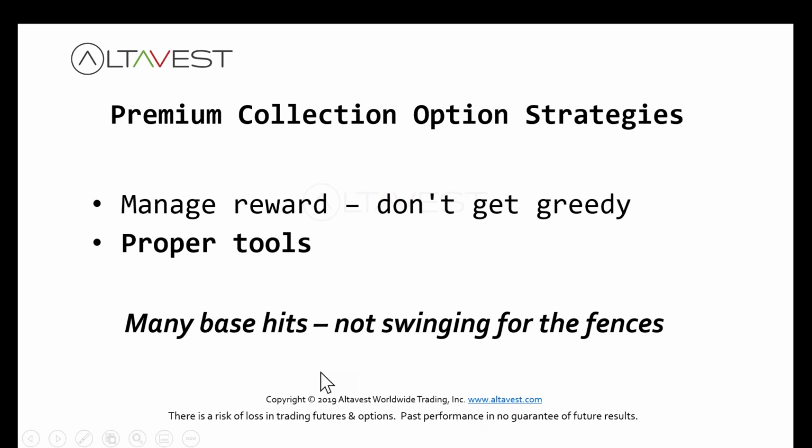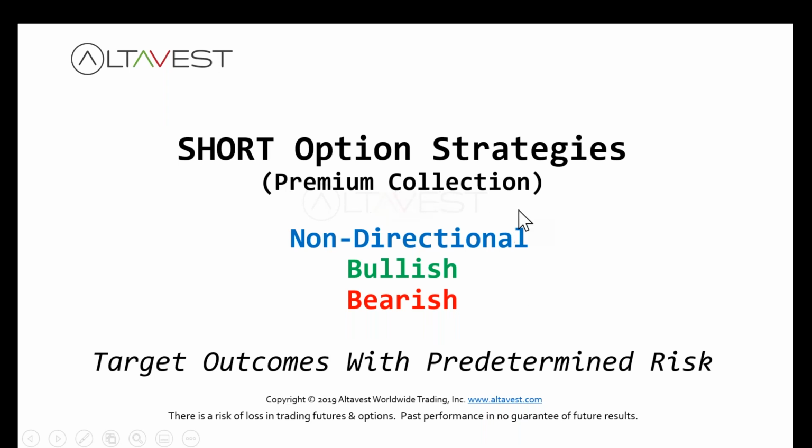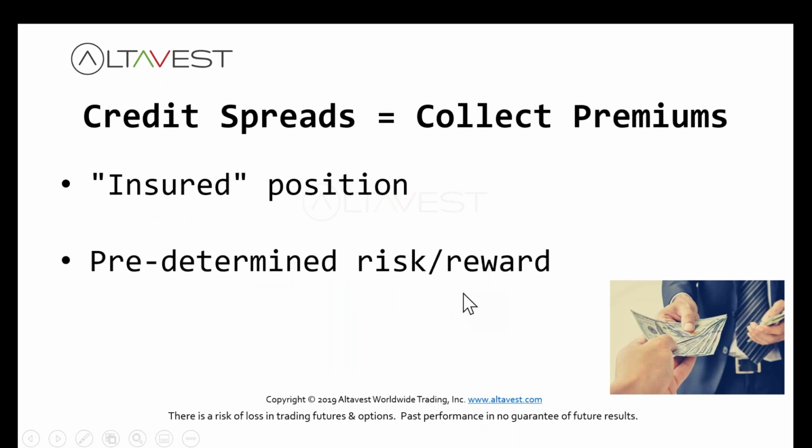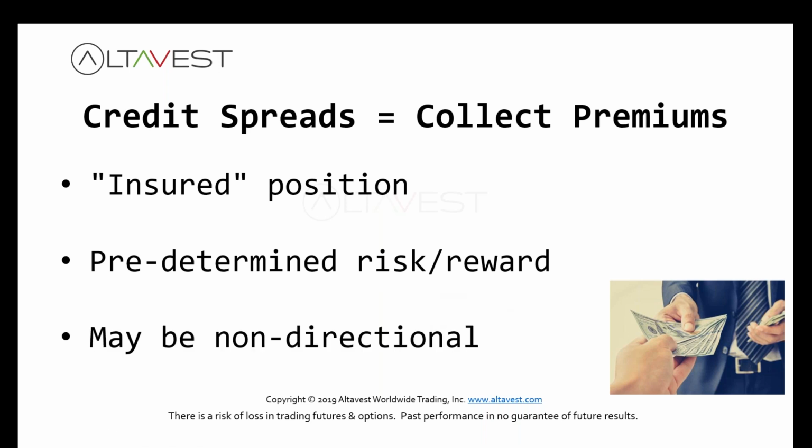Remember, we're looking for base hits here. And we're looking at some of these premium collection strategies that can be non-directional, bullish, or bearish. And these are targeted outcomes with predetermined risk. That's called a credit spread, where you collect premium. And these are always insured position with predetermined risk and reward. And they may be non-directional.